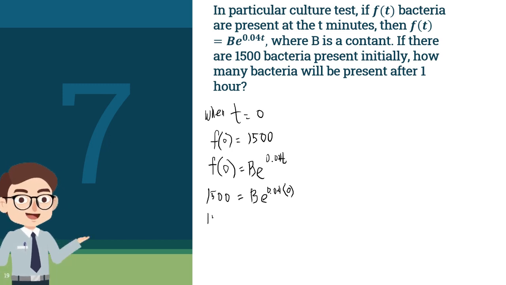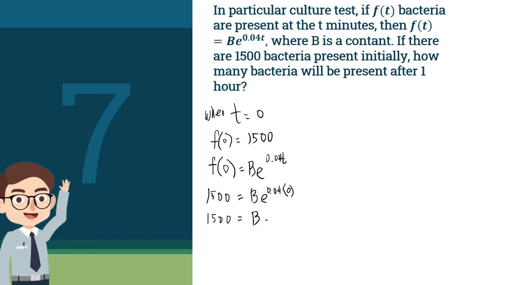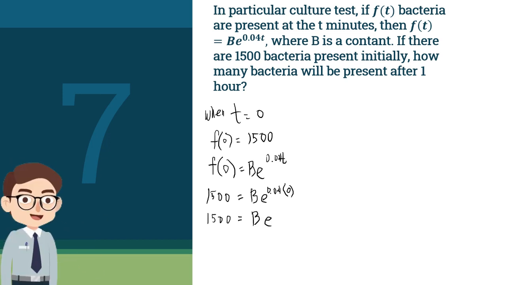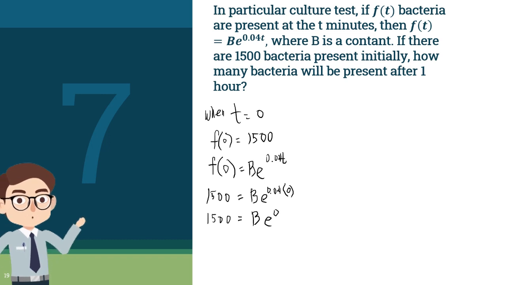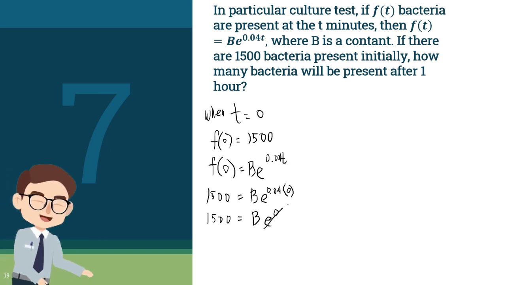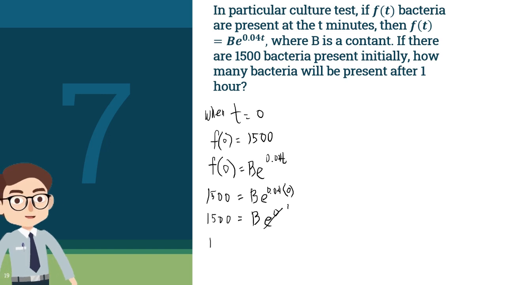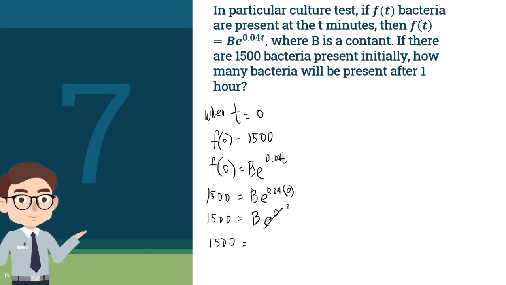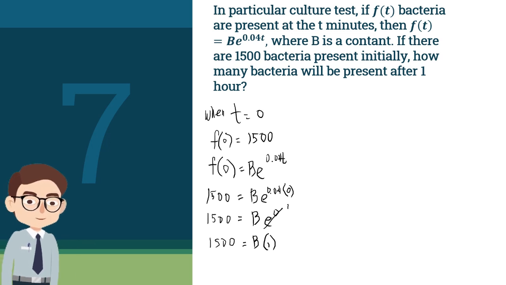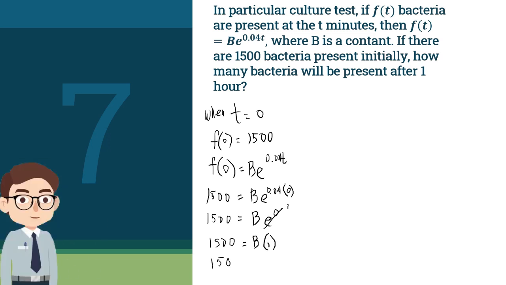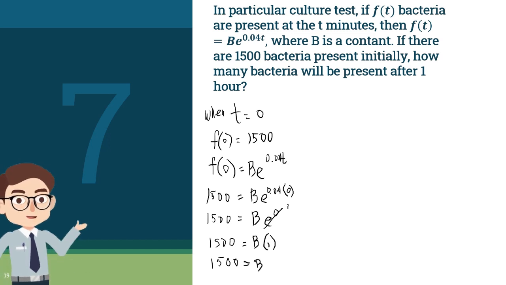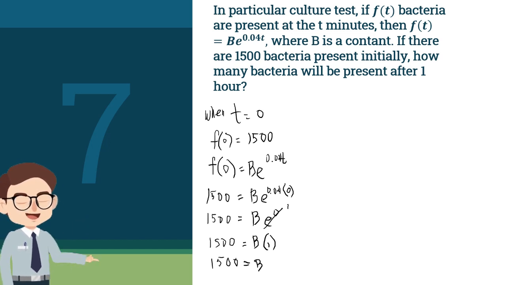Simplifying it, 1,500 is equal to b times e raised to 0.04 multiplied by 0, which is 0. And e raised to 0 is 1. Okay, that is 1,500 is equal to b times 1, and your b is 1,500.